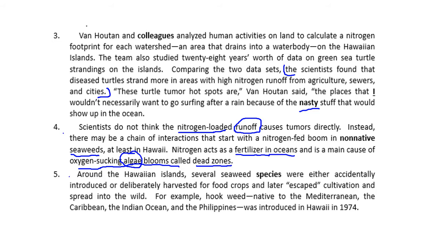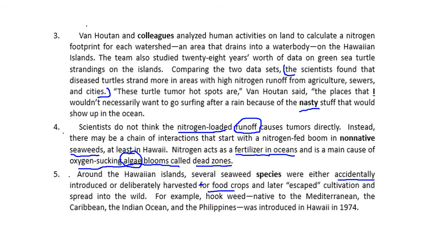Paragraph 5. Around the Hawaiian Islands, several seaweed species were either accidentally introduced or deliberately harvested for food crops and later escaped cultivation and spread into the wild. So we said that those seaweeds are invasive, they don't belong in Hawaii. Some of them were put there accidentally or because they were cultivated for food.